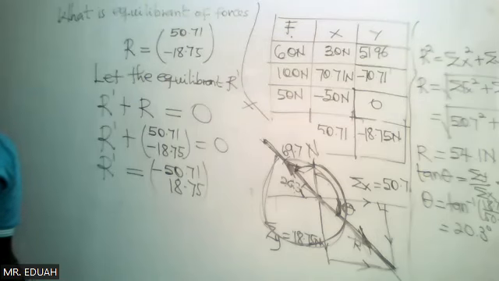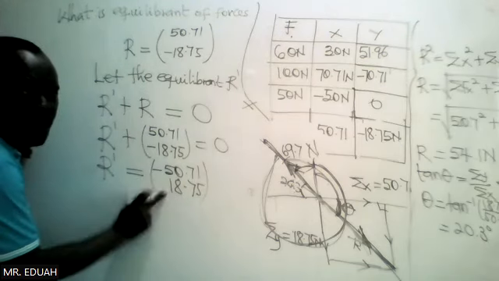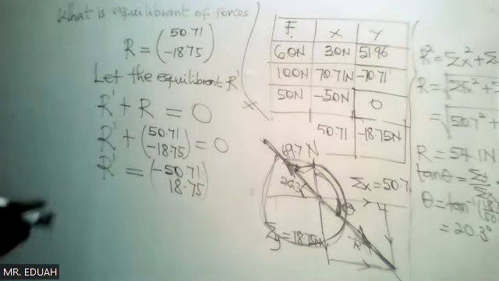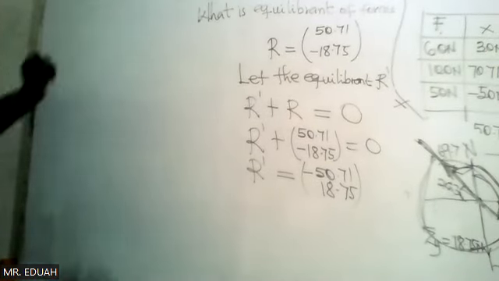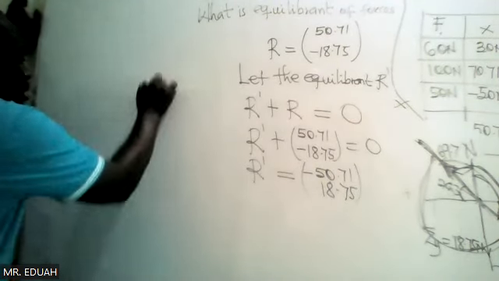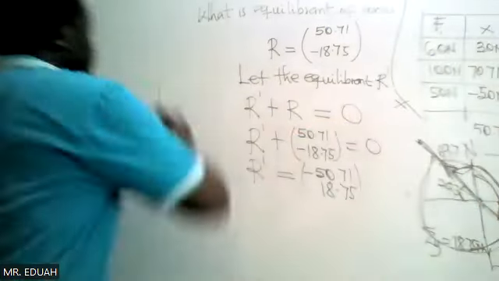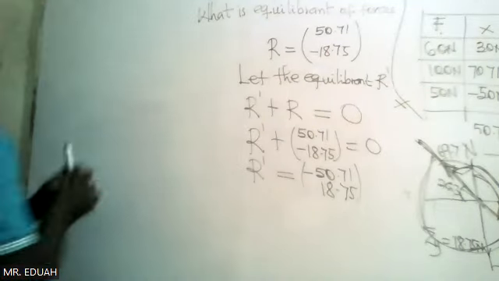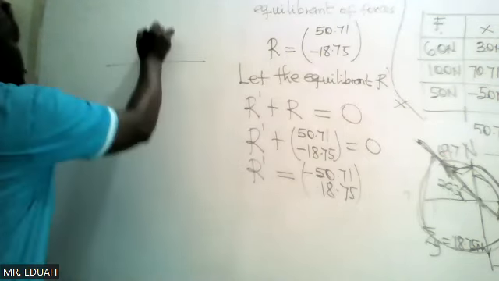Yes, please. Okay. So if these are the components or the coordinates of the equilibrant, let's draw it as we did for the resultant. The x is negative, meaning, let me push my axis up. X, y.